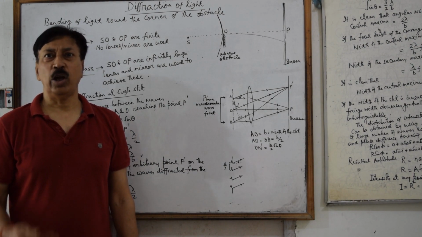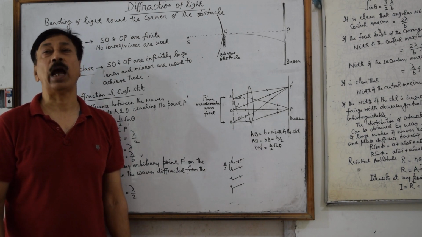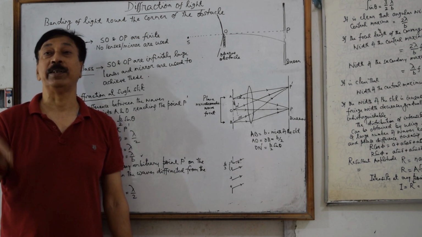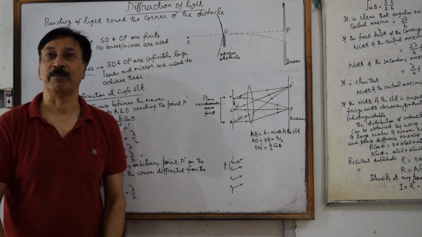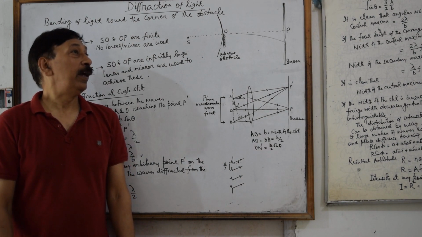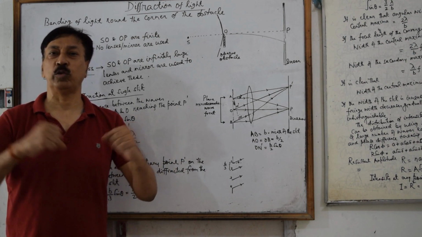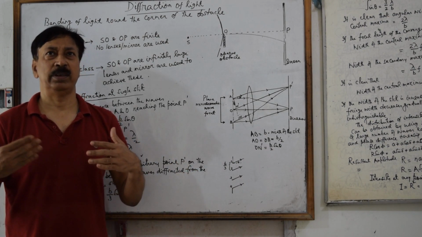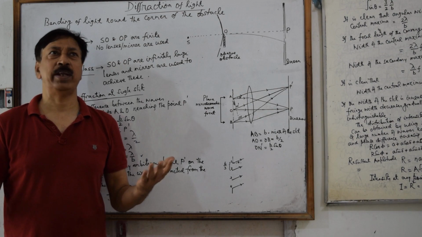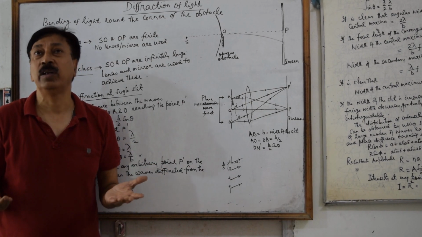You can actually observe diffraction by making a small pupil of your eye and looking at a bulb. You'll see bright rings in the field of view. That is due to the diffraction of light. X-rays are also diffracted, but X-rays have wavelengths in the range of, say, 1 angstrom to 15 angstrom. So we should have an obstacle also of the same dimension.